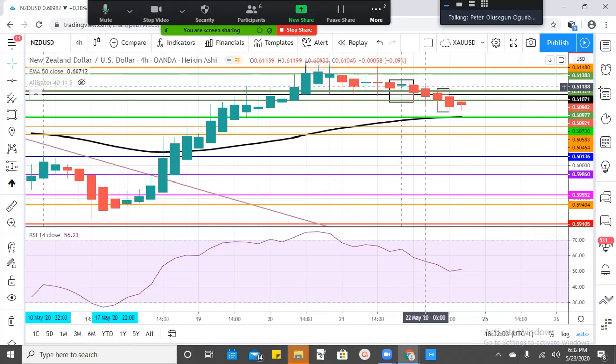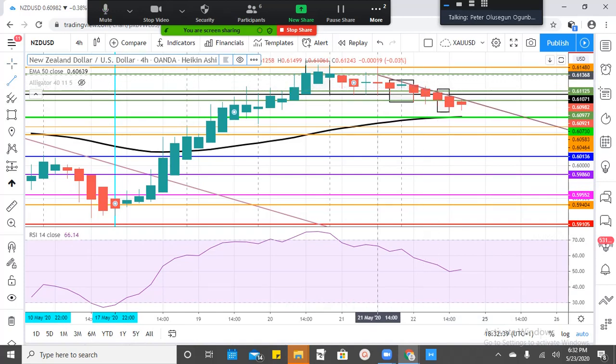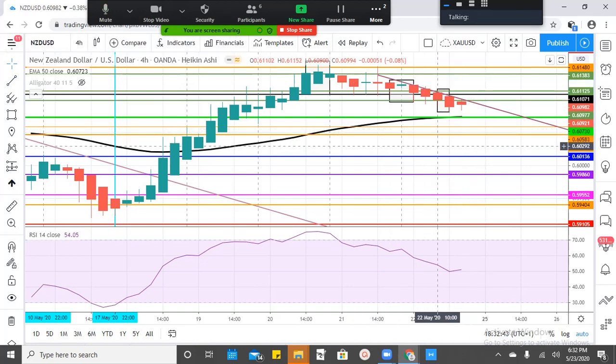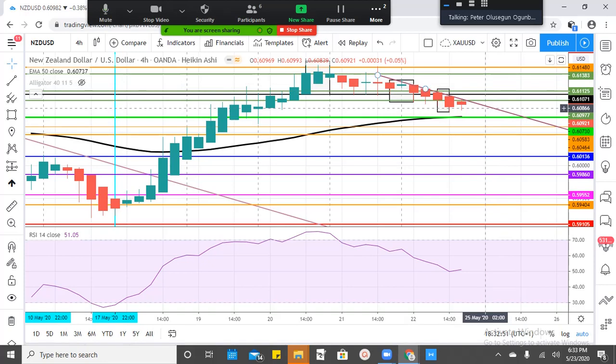Okay, the one here is not bad. That's the edge. So I'll just be watching for this. If I have bigger candles, I might ignore and I might draw another one. But this is what I'm going to make use of now and see how price is going to cross.